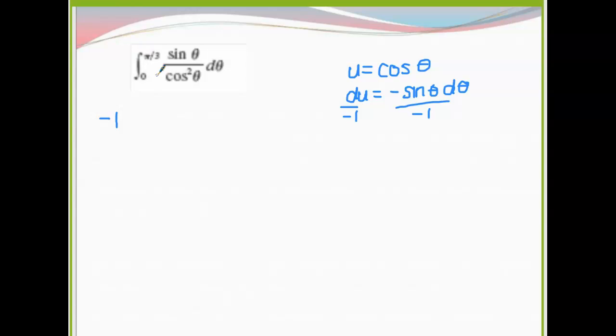And then this becomes, if you change your bounds, u of pi thirds, u of 0, which means you need the cosine of pi thirds, which, if the sine of pi over 6 is 1/2, the cosine of pi thirds is also 1/2.